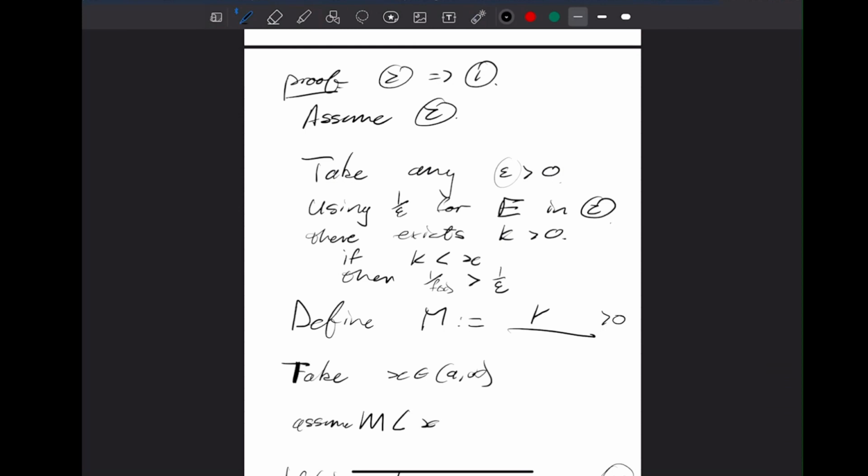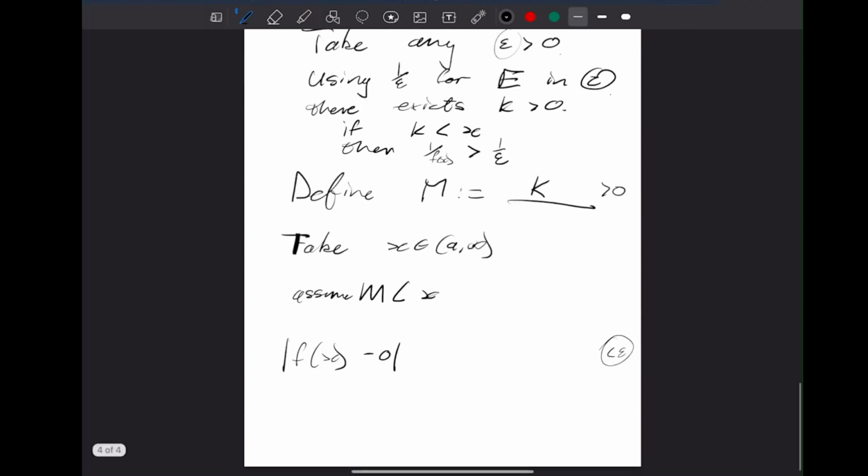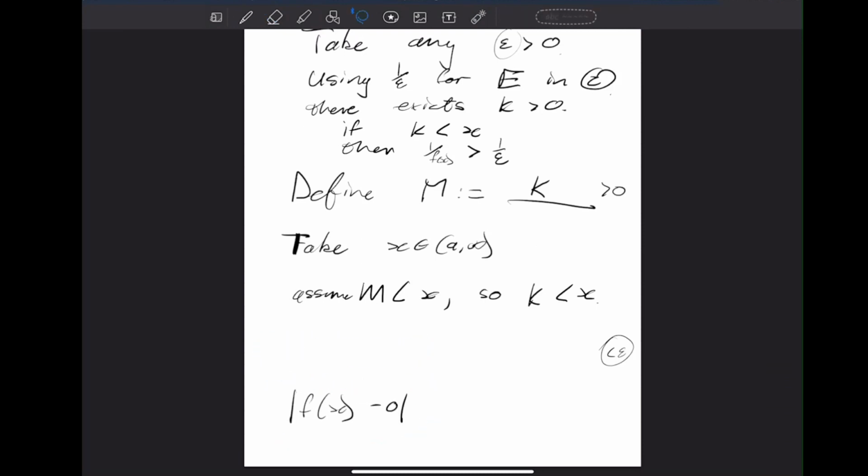So we will define our m as k, and we assume that x is bigger than m, so x is bigger than k. But if x is bigger than k, then we know that 1 over f of x is greater than 1 over epsilon.